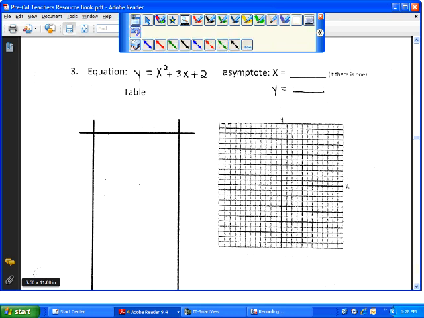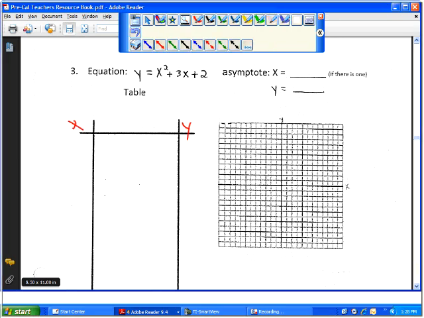Now, remember what we did? We said, first of all, we'll get this set up. But what's the first thing we did to come up with a nice, pretty table for a parabola? We found the line of symmetry. Y'all need to go back and study the tests that we've already taken.